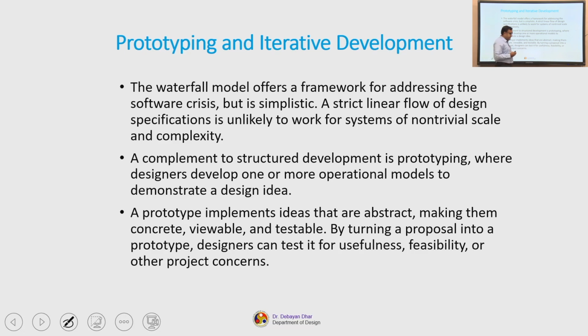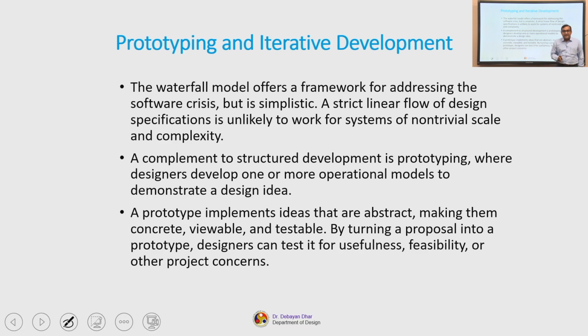What we understand from this is that the primary requirement that drove the emergence of prototyping and iterative development was that designers simply did not want to wait until the testing phase to identify issues with their concepts and requirements.